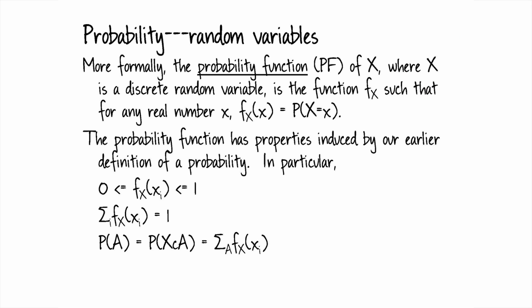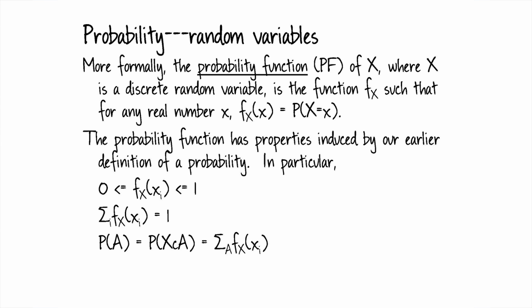And the third thing that's very useful to know about a probability function is how to use it to compute probabilities. Okay? So obviously, if you just want the probability of a particular value of x, the probability function gives it to you. You just read it off. But what if you want the probability of a whole set of different values of x?